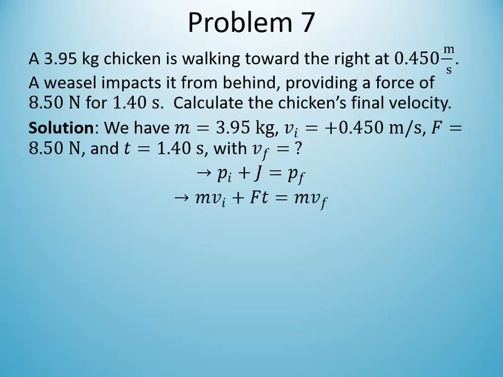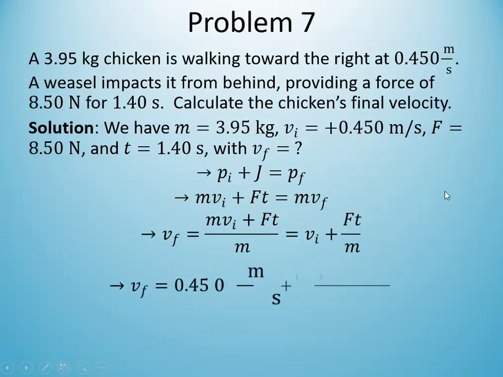Every p is an mv, and we're wondering about the chicken's final velocity, so we need to divide both sides by the mass, because this v sub f is what we're after. So upon doing that, there's the left-hand side of the equation divided by mass to get v final by itself, and separating out the terms, this mv over m is just a v, and we still have an ft over m. It doesn't cancel completely.